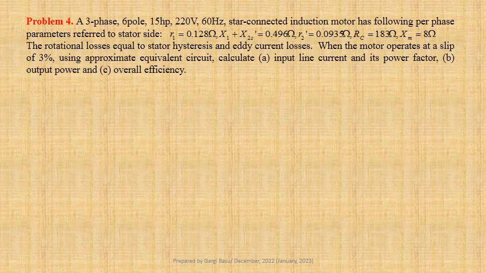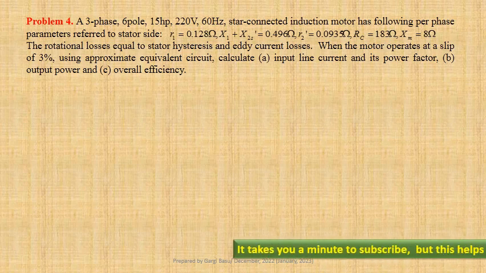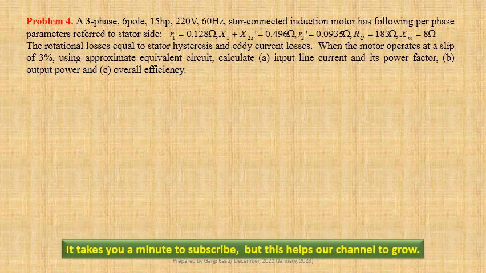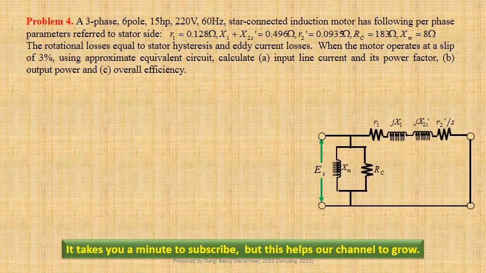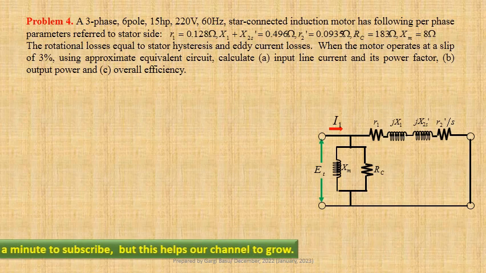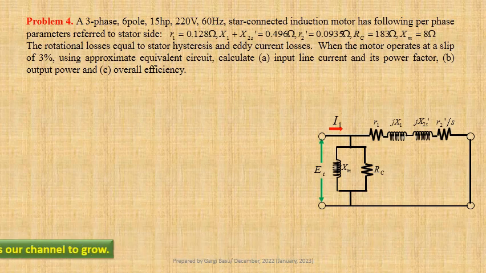The rotational losses equal stator hysteresis and eddy current losses. When the motor operates at a slip of 3% using approximate equivalent circuit, we have to calculate input line current and its power factor, output power, and overall efficiency.